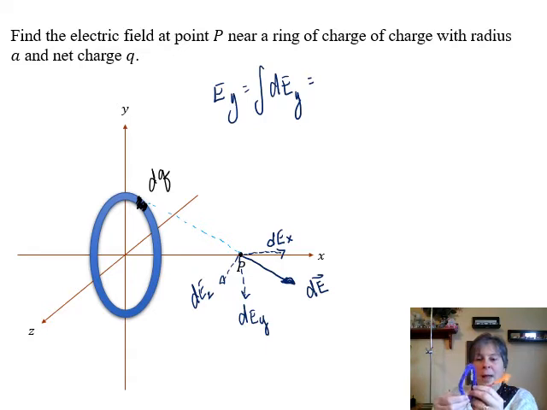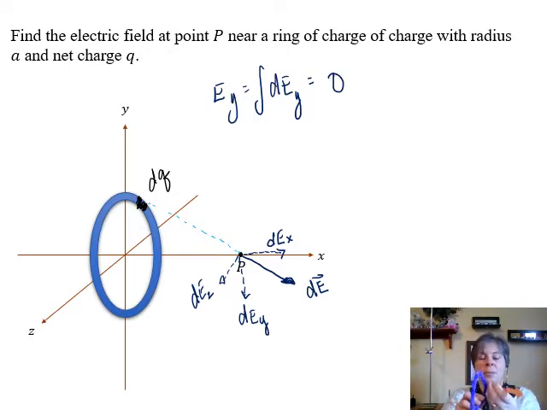Anywhere on the bottom half of the ring, the electric field is going to point up, okay? Top half points down, bottom half points up. That means for every piece on the top, there's a piece on the bottom where the y components are going to cancel. It's symmetric about the y-axis. So our net y component of electric field is 0.